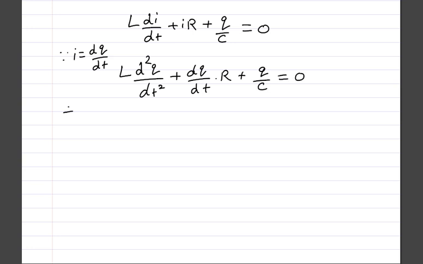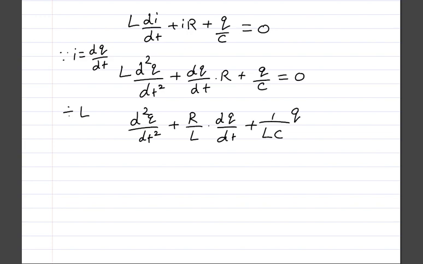Divide by L. So d²Q/dt² plus R/L dQ/dt plus 1/LC into Q is equal to 0.